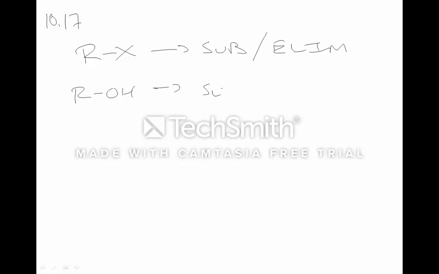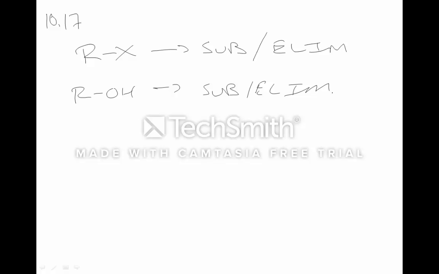Okay. It kind of walks you through substitution. So we saw how RX can do substitution and elimination. ROH can also do substitution and elimination. But what do we have to do first?